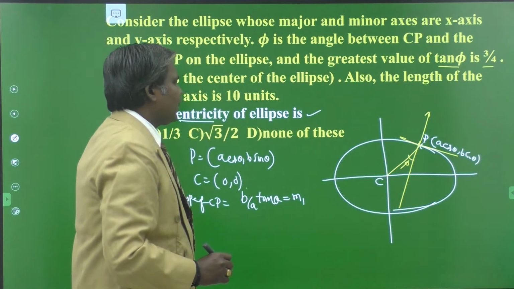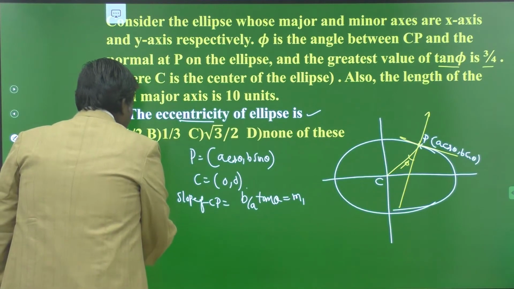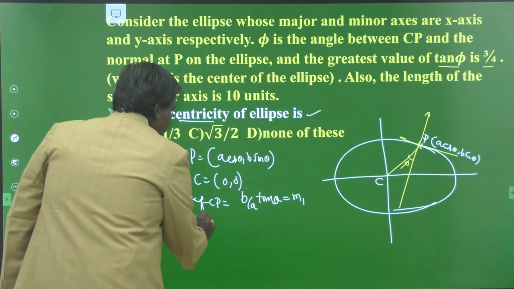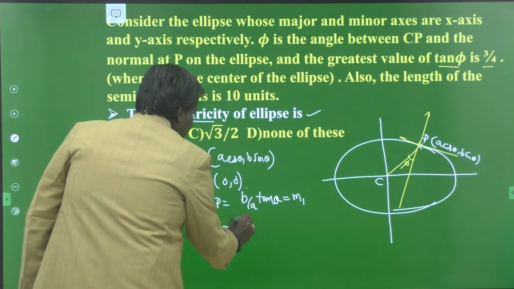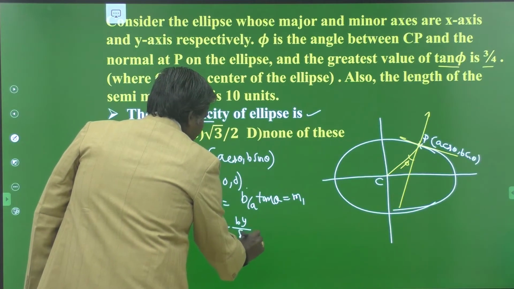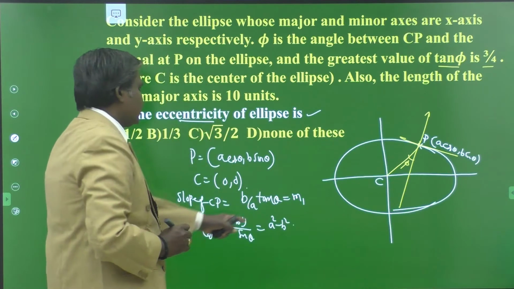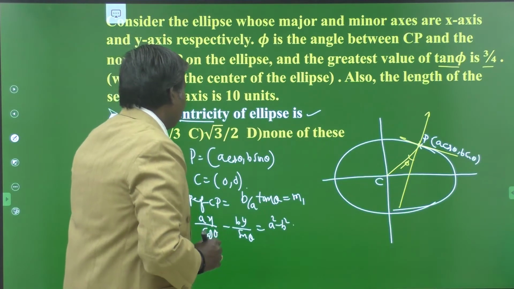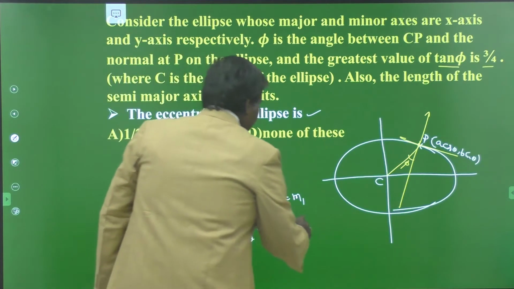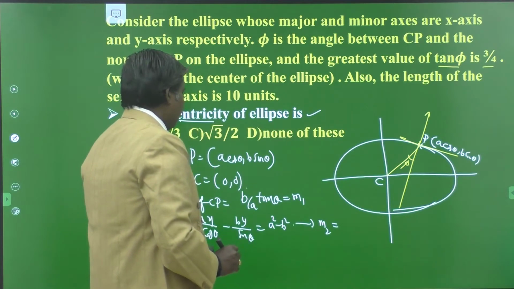Again, you can write the equation of normal at P. What is the equation of normal at P? ax by cos theta minus by by sin theta is equal to a square minus b square. This is the equation of normal at P to the ellipse. Now, can you find the slope of this line? m2 is equal to minus x coefficient by y coefficient.